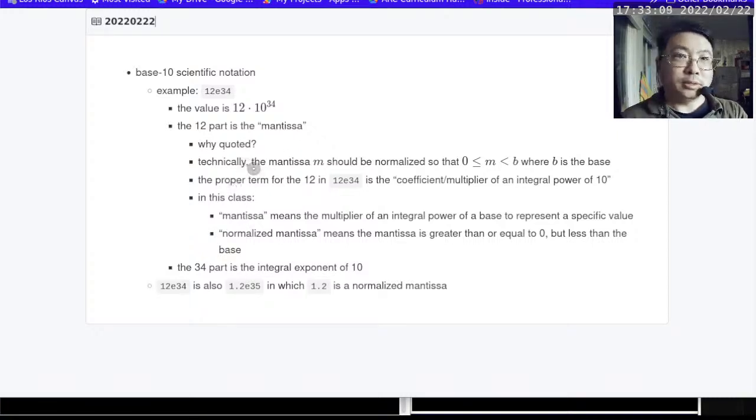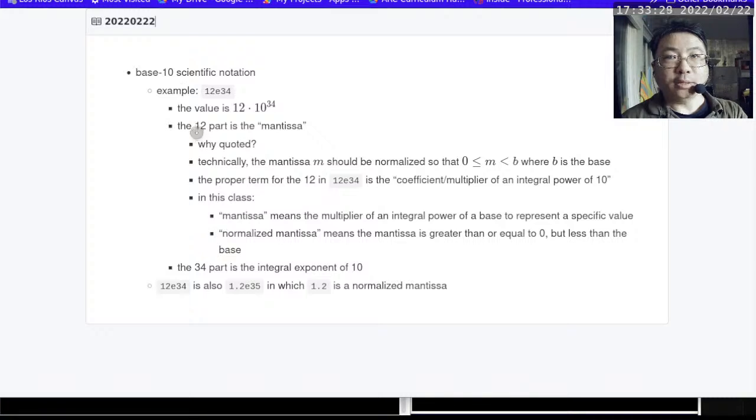Technically speaking, if you ask a mathematician, the mantissa M should be normalized so that it is always greater than or equal to 0 and less than B, where B is the base that we are using. If you're using base 10 like in this case, then B is 10.